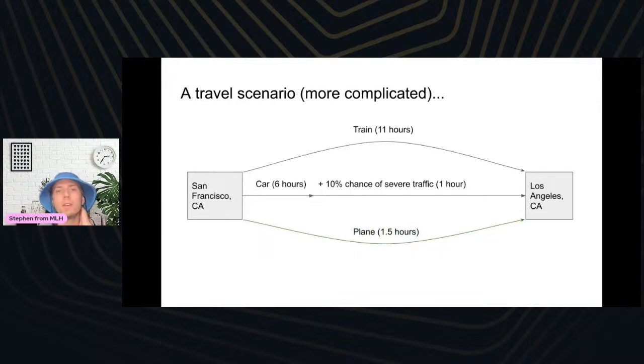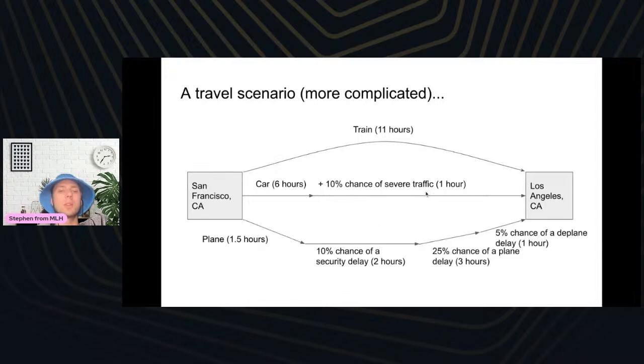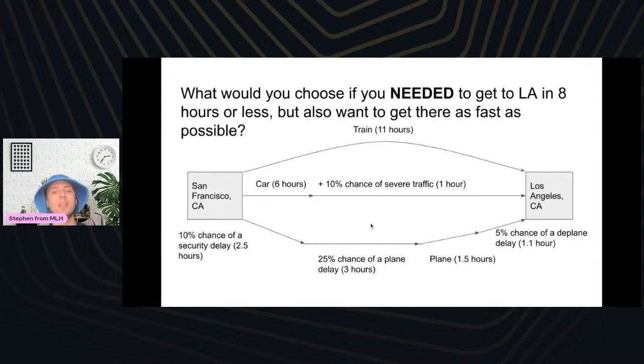Then we made our travel scenario more complicated by adding certain probabilistic transitions, which also incur outcomes. So when you have a transition to severe traffic, it gives an outcome of 1 additional hour in the car. And we made our plane more complicated and more realistic by adding some chance of security delay, plane delay, deplane delay, and things like that.